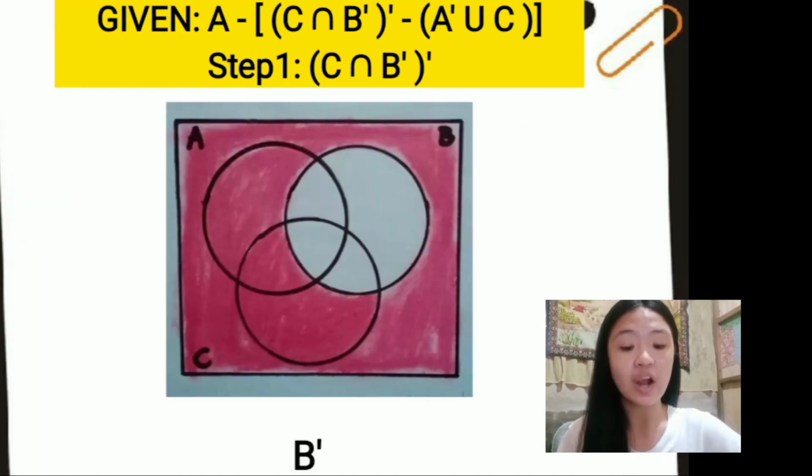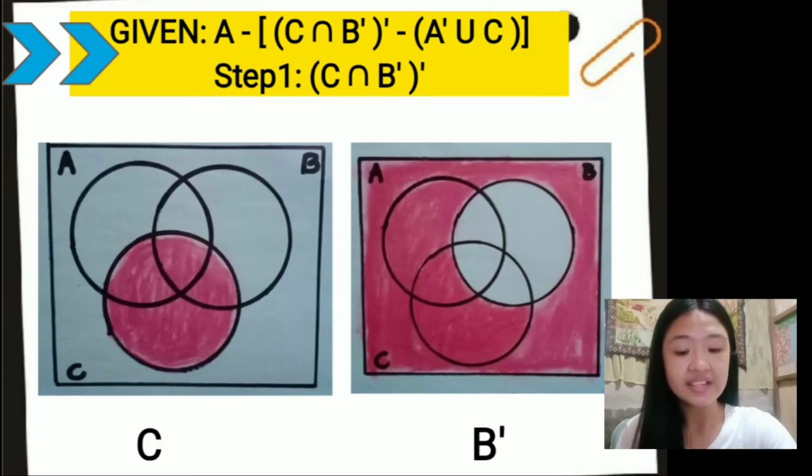Next is the complement of B. As I mentioned earlier about the complement, we are just going to shade the parts outside of B, and here it is. As you may have noticed, the only shaded part is the outside of B. Since the set is about the intersection between C and B prime, we are just going to shade the parts in which there is common among the two.